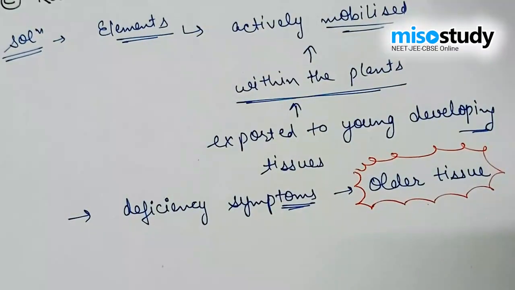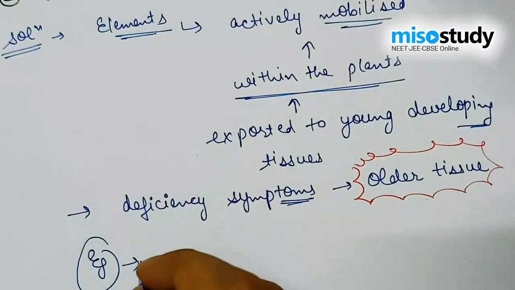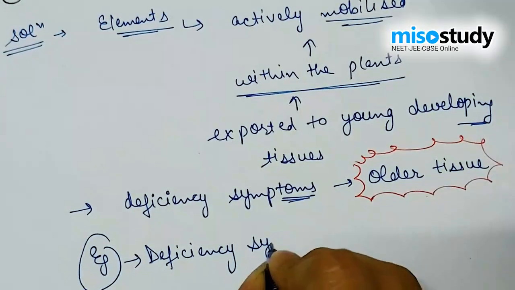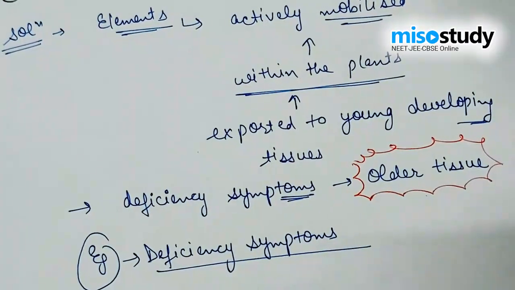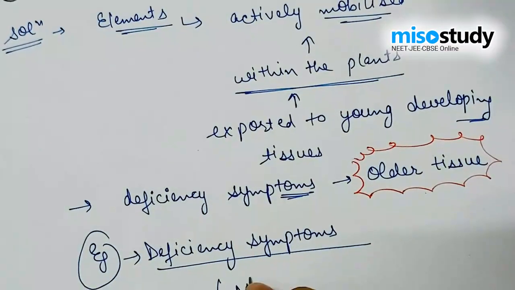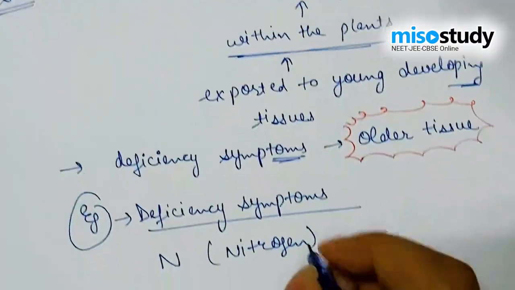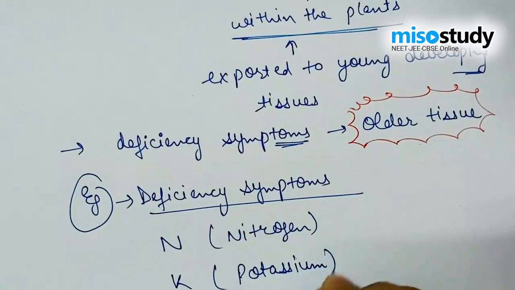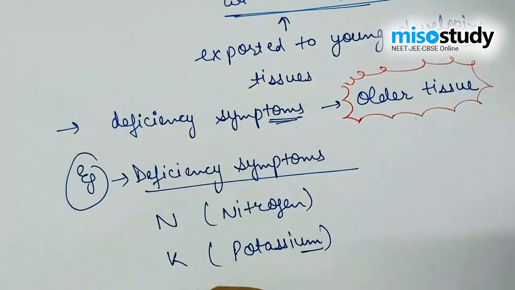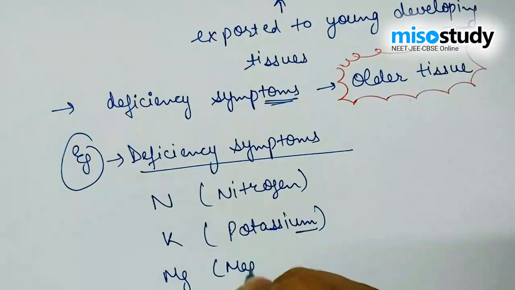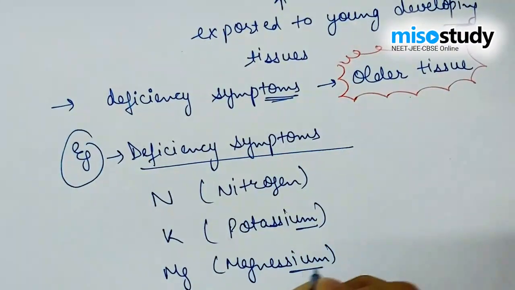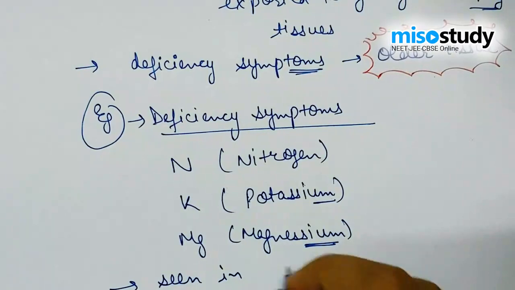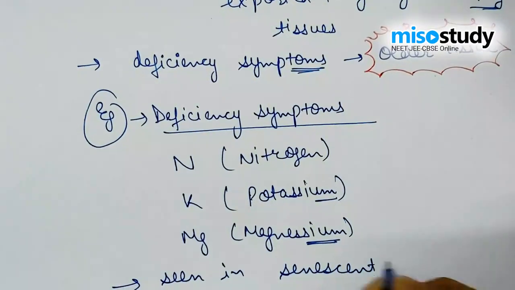For example, the deficiency symptoms of nitrogen, written as N, K that is potassium, and Mg that is magnesium, are first seen in the senescent leaves.